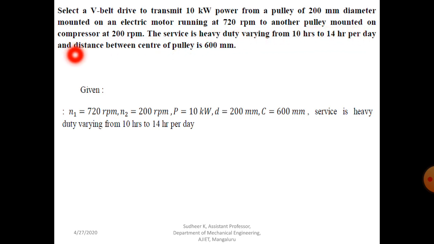So the type of driven element is compressor here, and the pulley connected to that has a certain diameter. That diameter we have to find out, but that pulley rotates at 200 rpm. It means that the n2 value is 200 rpm, so speed is reduced from 720 rpm to 200 rpm.